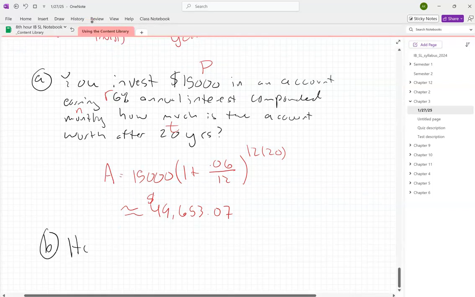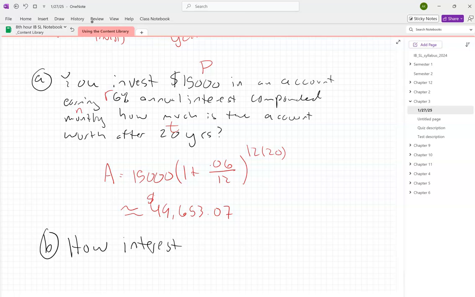What if I ask how much interest was earned? Well, how much of that 49,000 was our initial investment? 15,000, right?